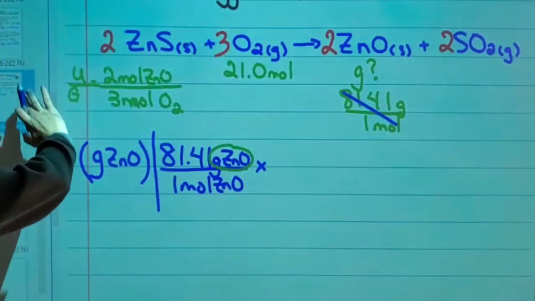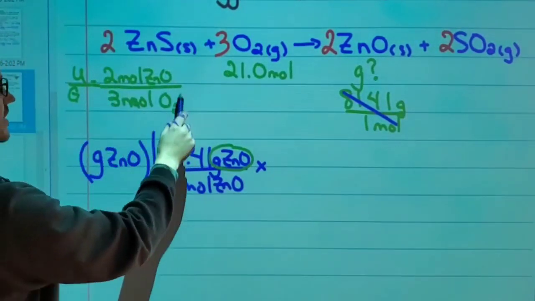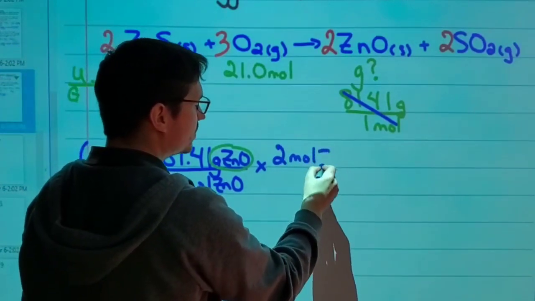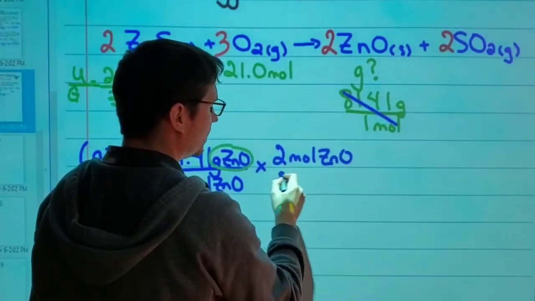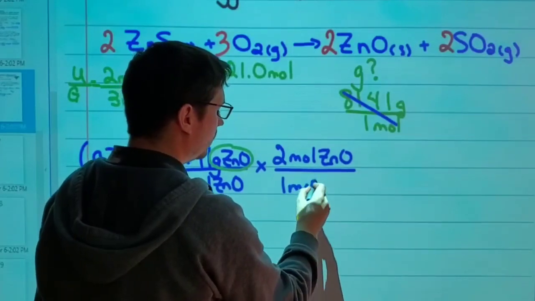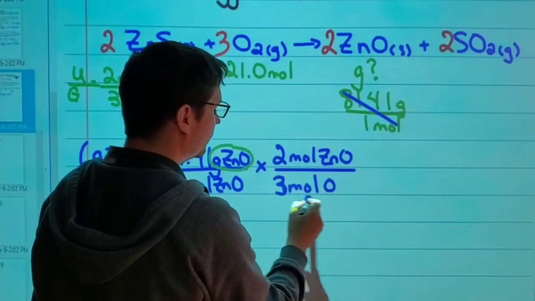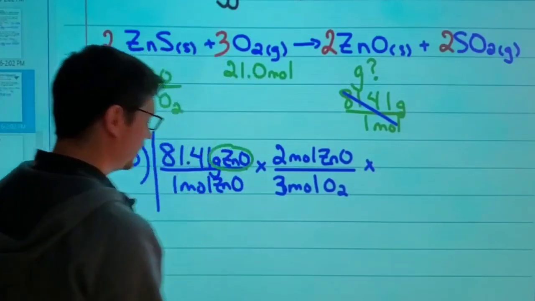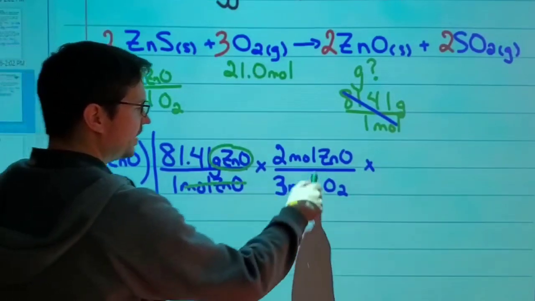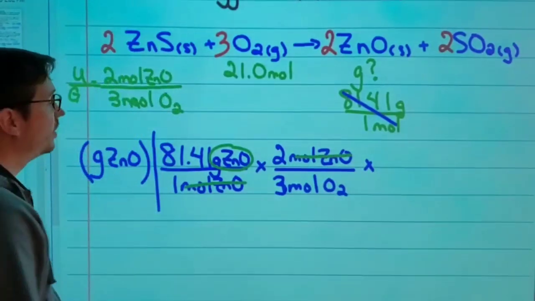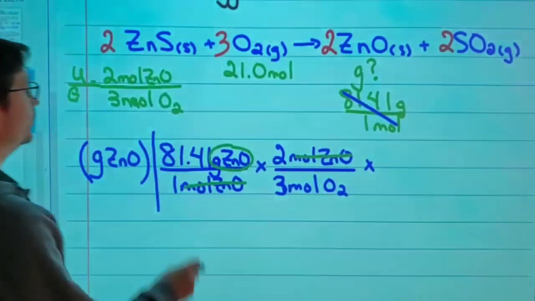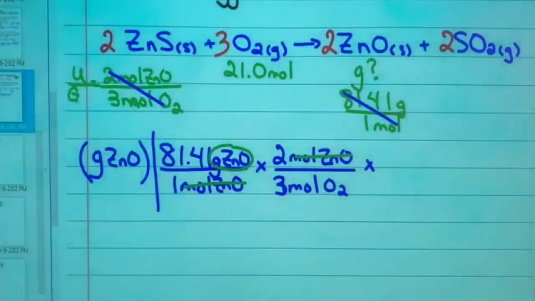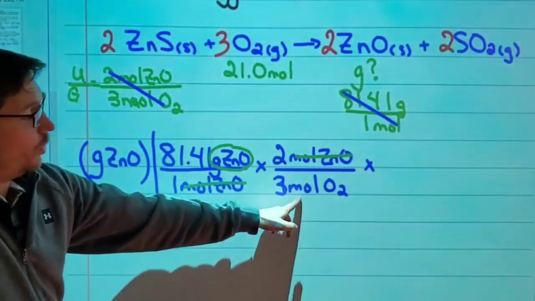So I look for moles of zinc oxide somewhere else, and I see it in my molar ratio. 2 moles of zinc oxide for every 3 moles of oxygen. So zinc oxide and zinc oxide cancel, and I've used this piece of information, so I'm done with it. Now I have to cancel out moles of oxygen.